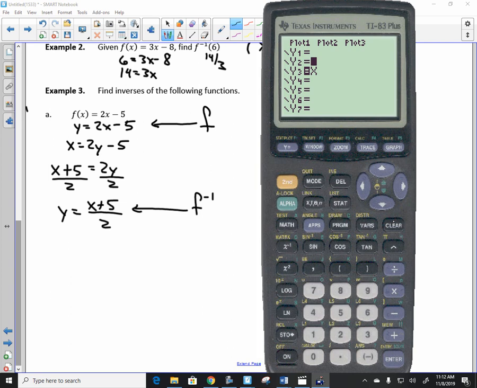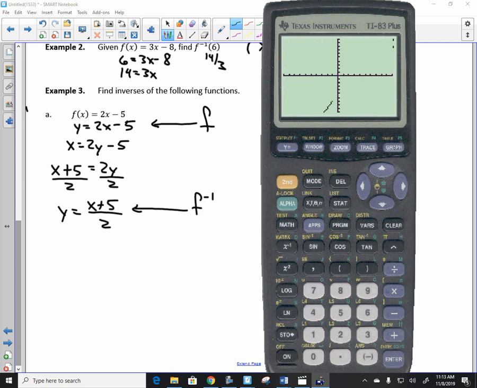I'm going to type in 2x minus 5, and I'm going to type in x plus 5 divided by 2. I also type in the line y is equal to x. What I should see is both lines graphed and one being reflected over the line y equals x.